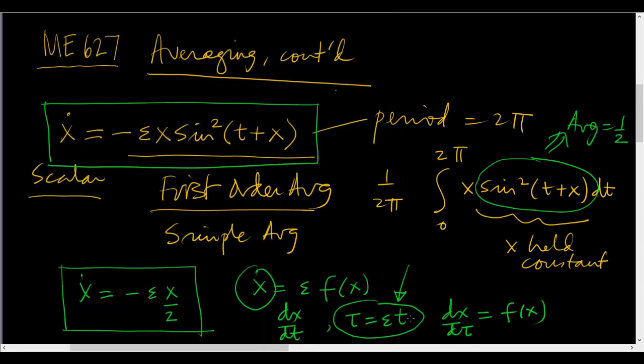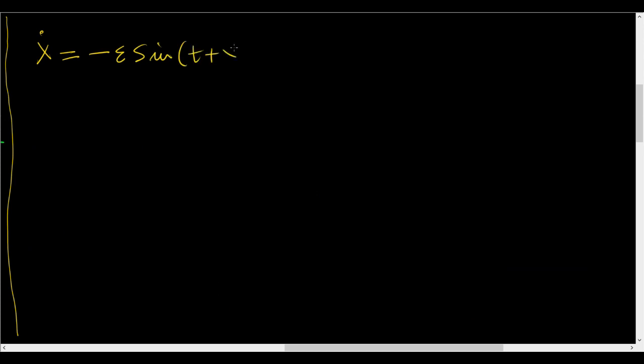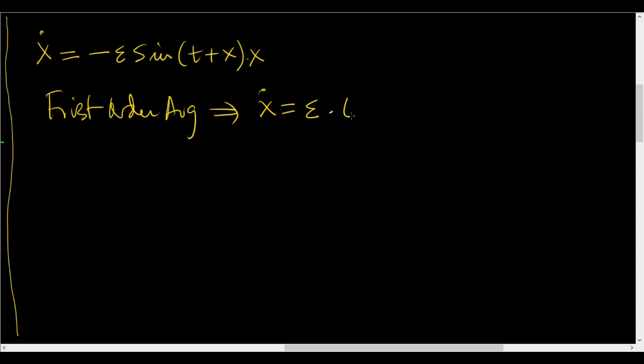Let's take a different system now. So the game becomes more interesting if we have this system. Okay, so now first order averaging gives x dot equals epsilon times 0.